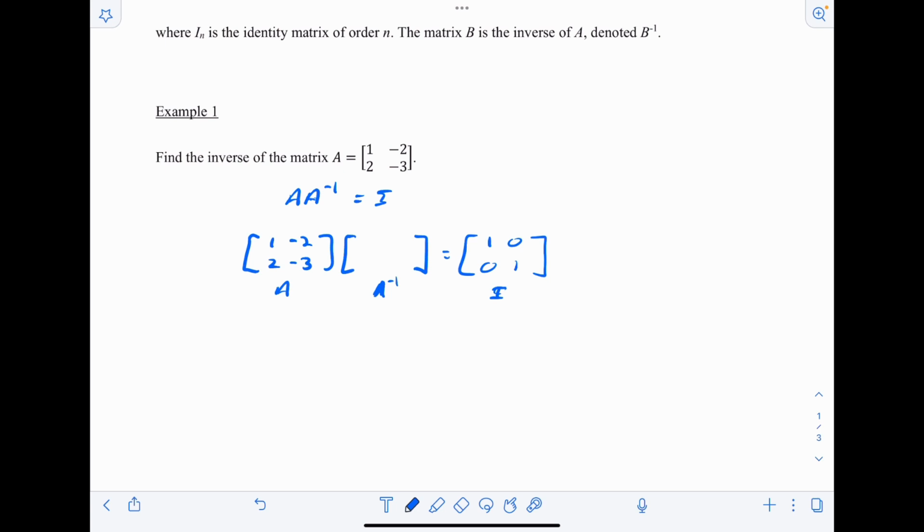Right now, we have no idea what that matrix is, so I'm just going to call its entries a, b, c, d. Now we have an equation, and we can solve it.